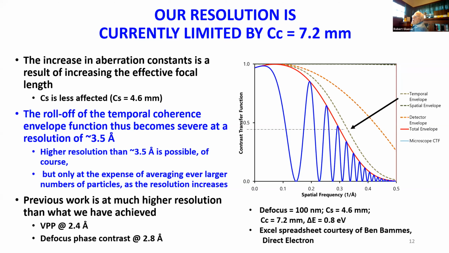And because of that chromatic aberration, the temporal coherence envelope, this gray curve pointed to by the arrow, starts to roll off at around 3 to 3.5 angstroms resolution, and limits how much resolution we can get. Now, you can always get more resolution by just collecting more than 5,000 particles, 50,000 particles, whatever.